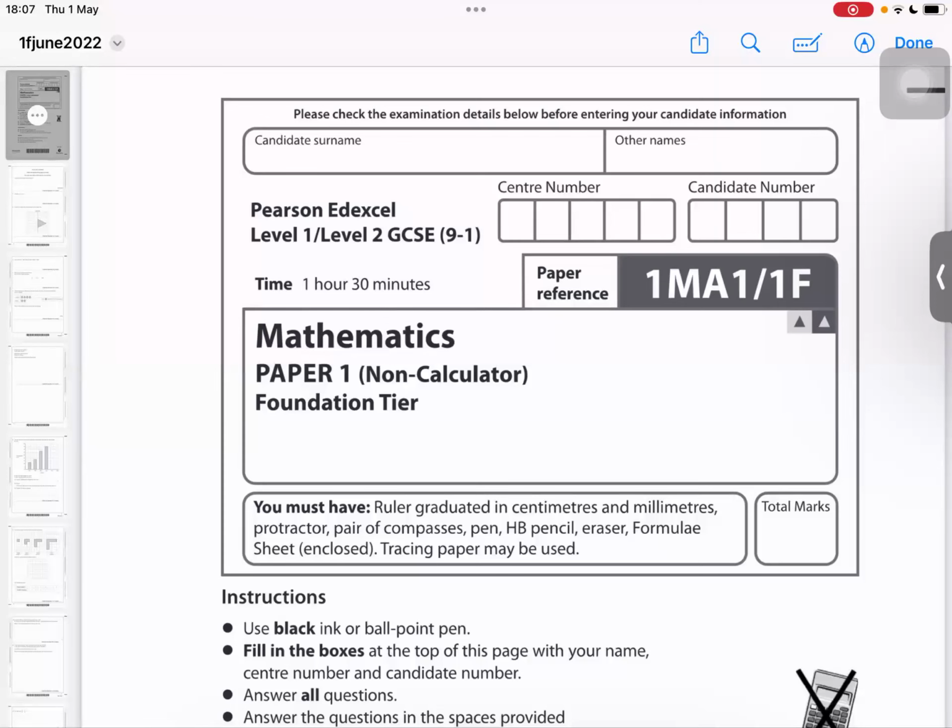Yes. Those ones among the simultaneous equations or the ones on difference of two squares, or was it both of them? Both of them.